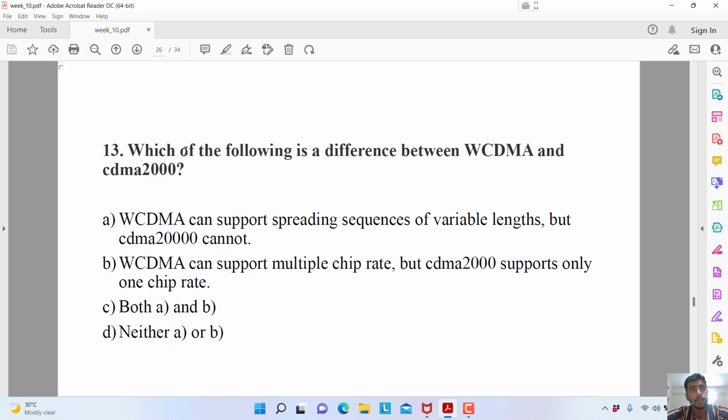Next question: which of the following is the difference between WCDMA and CDMA 2000?